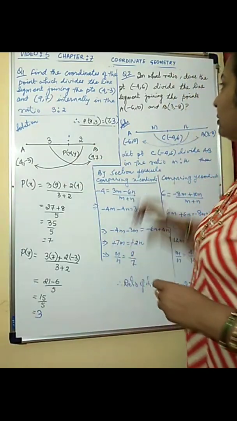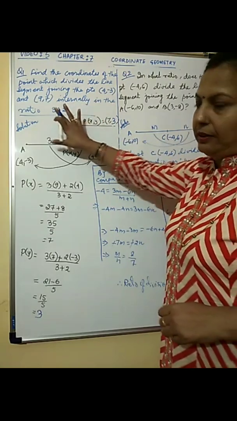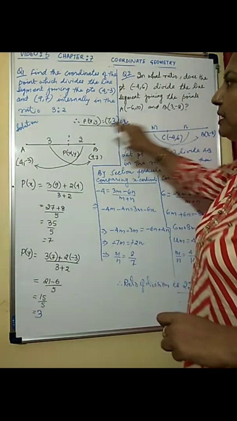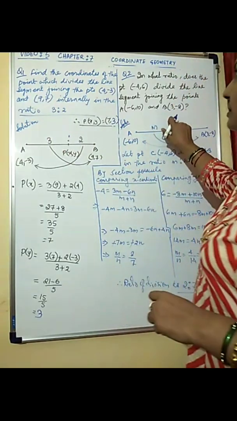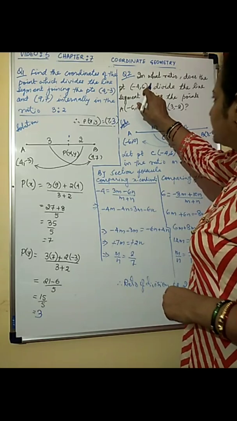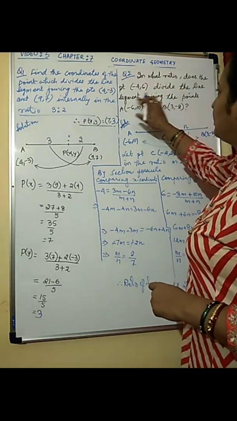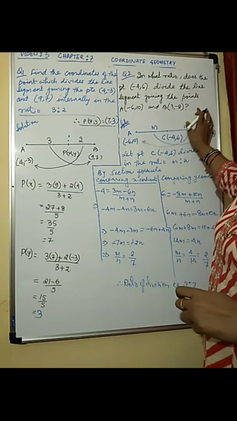Now coming to the second question, it is: in what ratio? Here the ratio was given, here the ratio is asked. Here the ratio was given as 3:2, and here you are asked for the ratio. In what ratio does the point (-4, 6) divide the line segment joining the points A (-6, 10) and B (3, -8)?